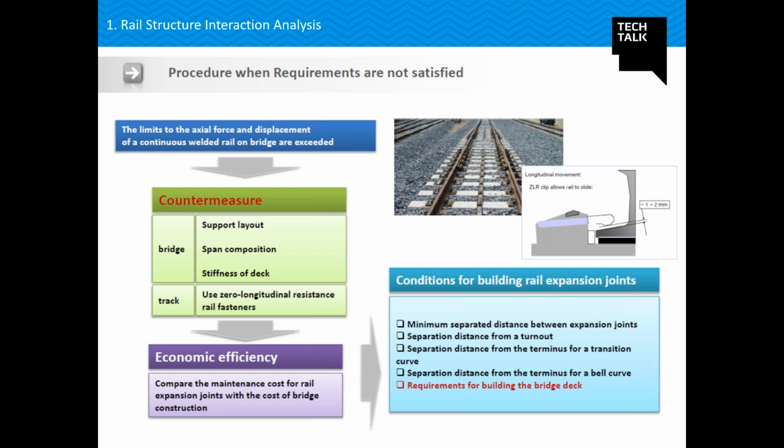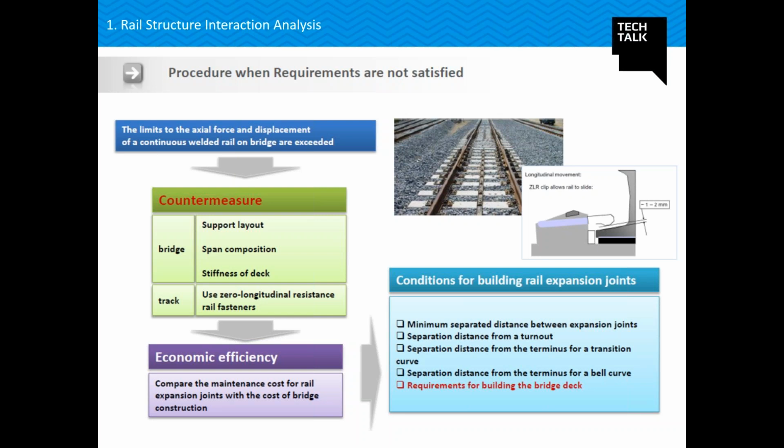Second is span composition. I will show you a case study which we have done. By changing the span configuration, keeping my largest span near the free or fixed support, I can change the stresses. And the third is stiffness of deck.